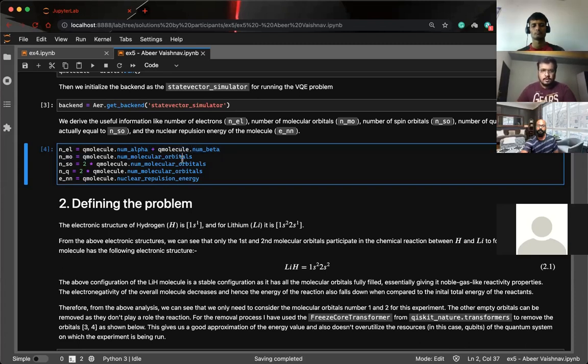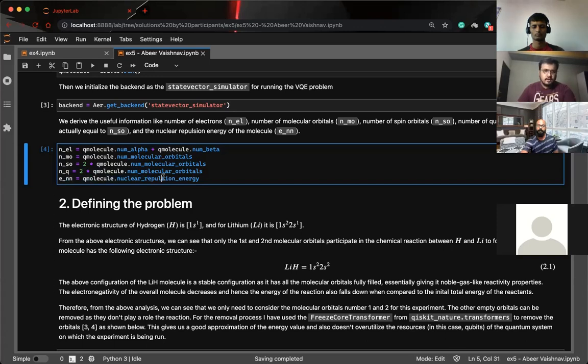The number of molecular orbitals we can directly get from the Q molecule variable. The number of spin orbitals is generally 2 times the number of molecular orbitals. Same for the number of qubits, because we are mapping the spin orbitals onto the qubits in this case. So the number of spin orbitals that we have, the same number of qubits we'll have.